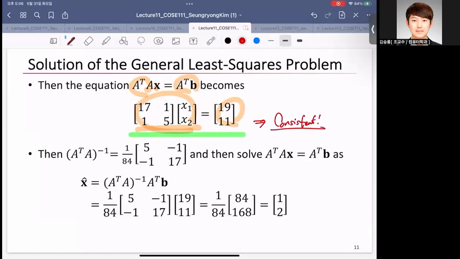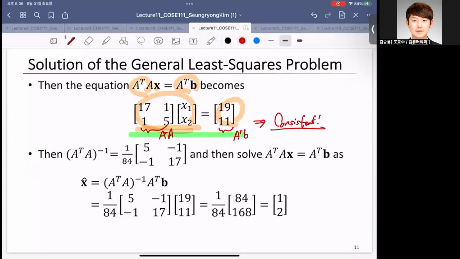Then we can use any kind of solving skill to solve this consistent system. Here, this is the A^T A and this is the A^T b.